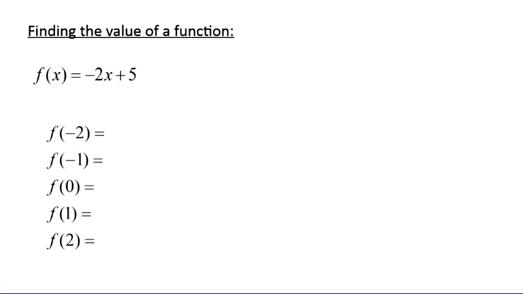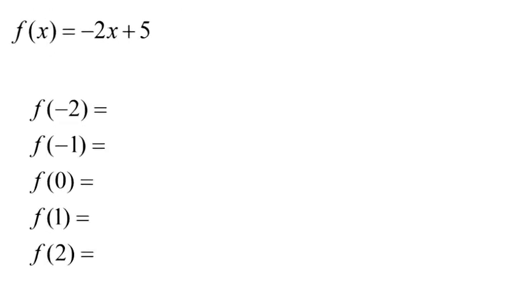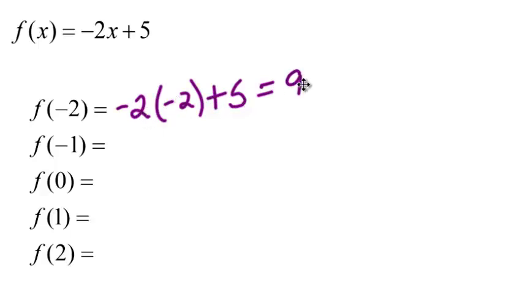So I want to find out what is the value of f when the input, or the x value, is negative 2. So f of negative 2 equals negative 2, because it's negative 2x plus 5, and in place of x I'm going to put negative 2 and then plus 5. That's 4 plus 5, so I get 9.